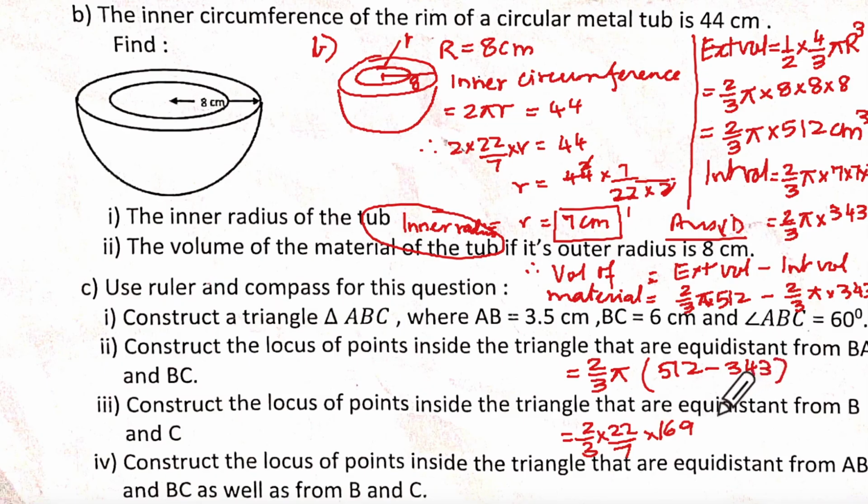Correct, no? Yes, ma'am. Double check. Okay, so this is not divisible by 3, and 7 twos are 14, not this. So you'll have to show this as 169 multiplied by 44.